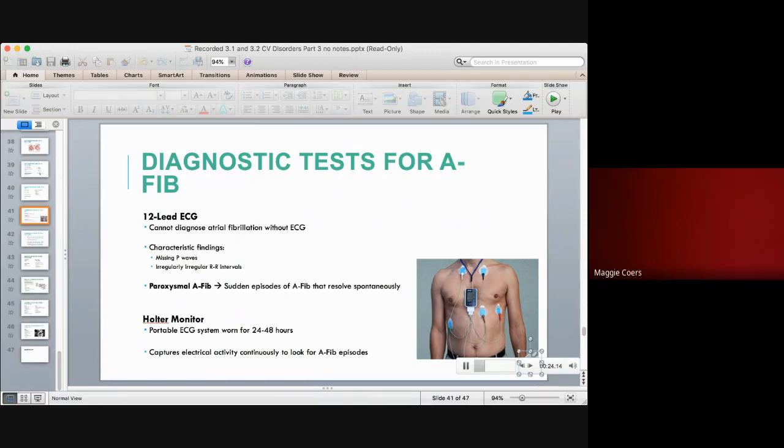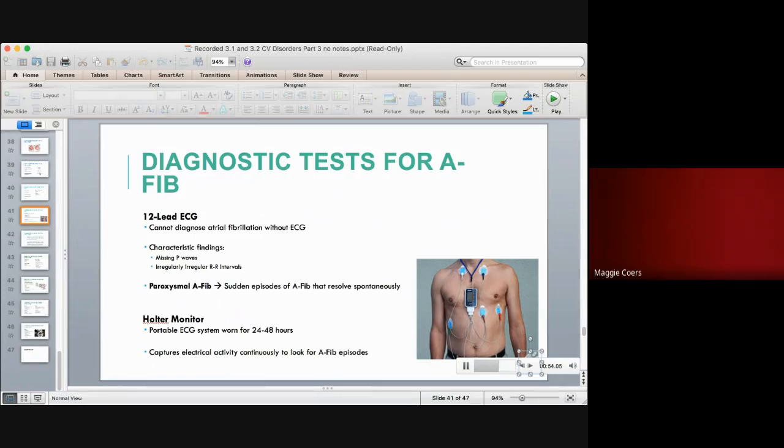The characteristic findings are the missing P wave and irregular RR intervals. We showed a strip a couple slides ago that had those. Paroxysmal AFib is sudden episodes of AFib that resolve spontaneously, and that's common. These are the things that usually cause those syncopal or near syncopal episodes. Patients black out and they fall.